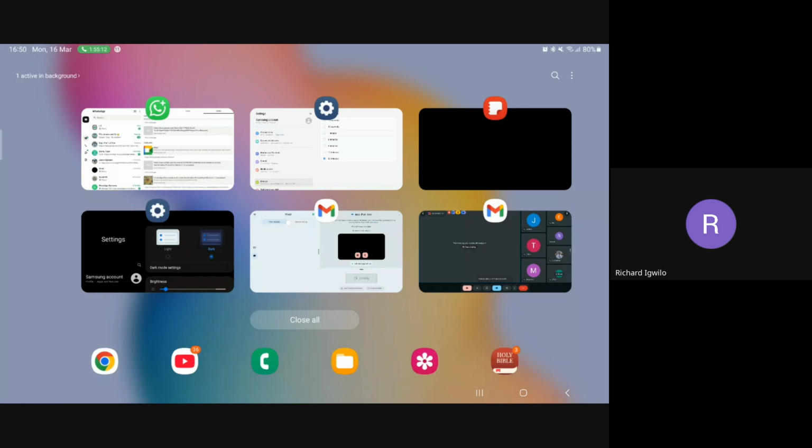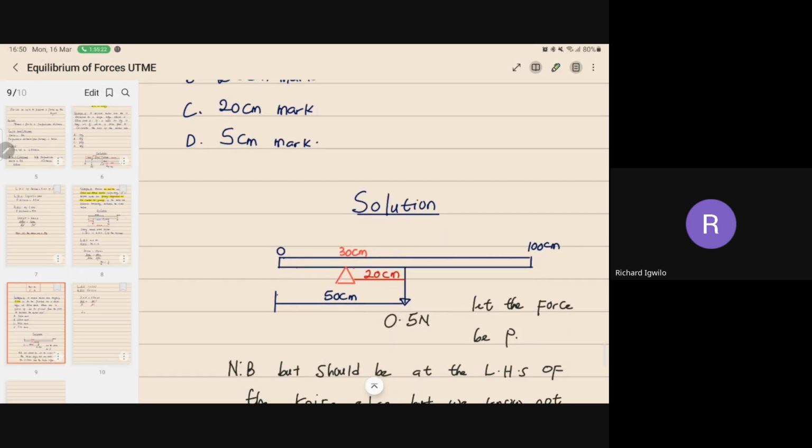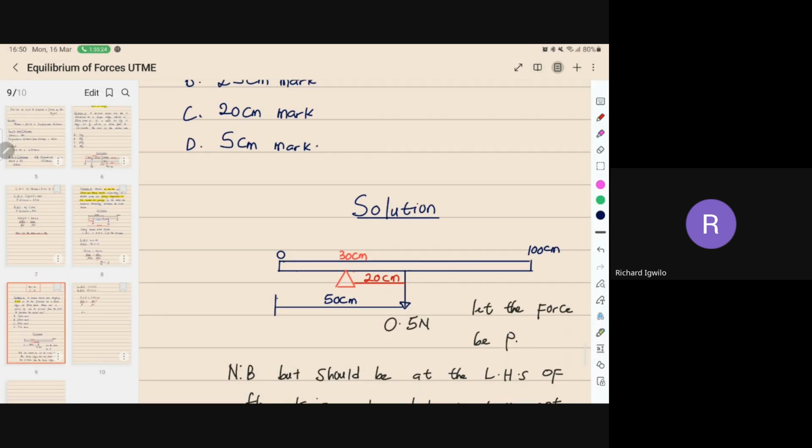So what will we do with that 30 cm mark? We used it to get the distance between the both of them because the distance of this mark from the 0, the pivot, gave us where the fulcrum is.